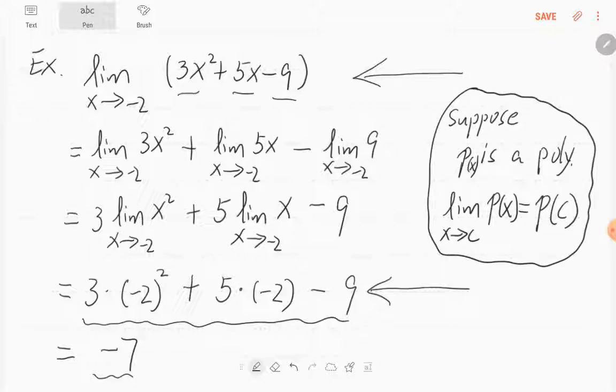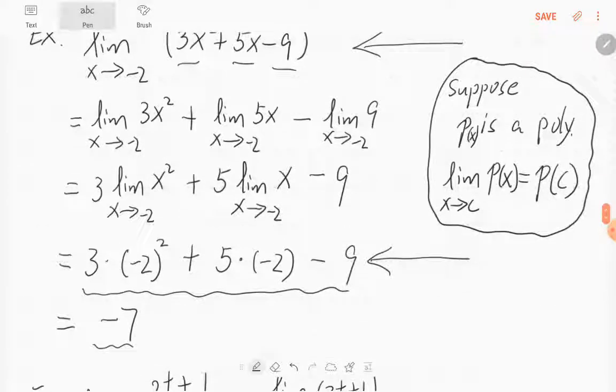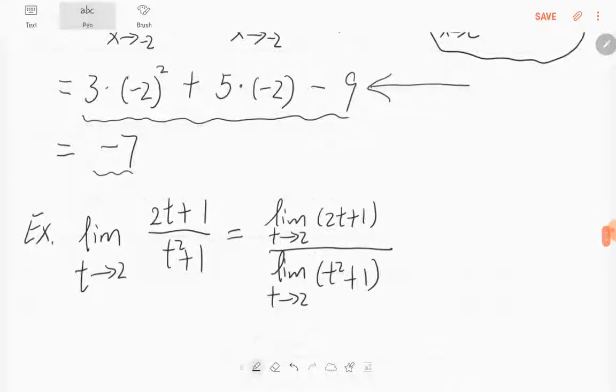This example tells you this fact. We will not prove that, okay? This is the fact for polynomials. It's very easy. You just plug in x equals -2, because the limit equals the function value at x equals -2. So this kind of function is a very good function, right?